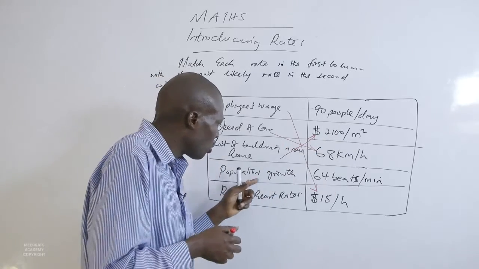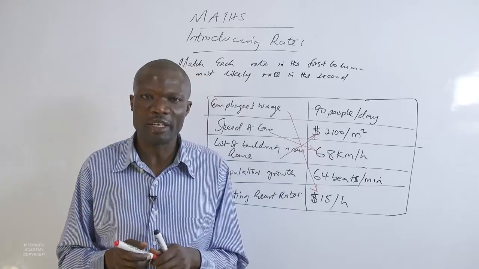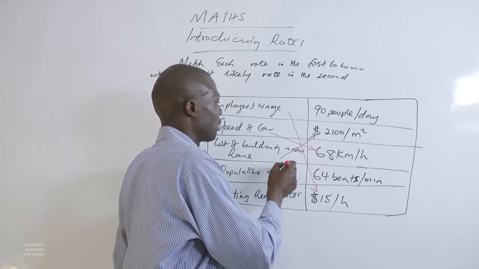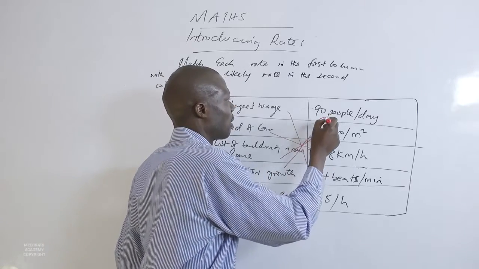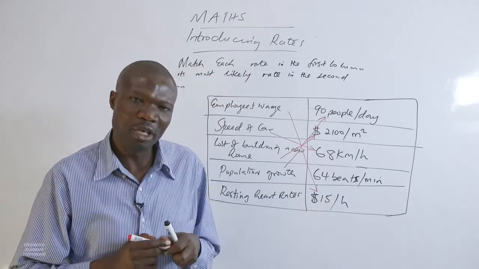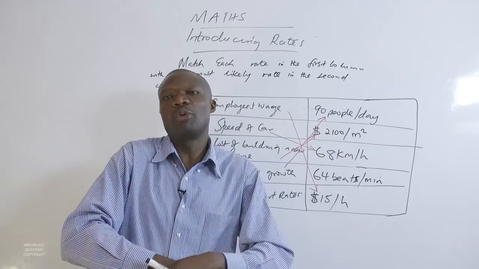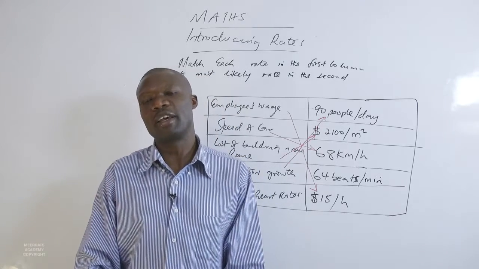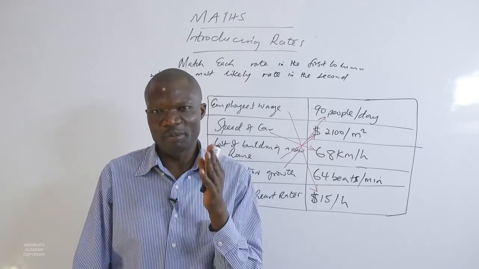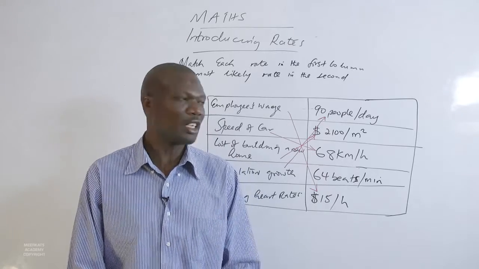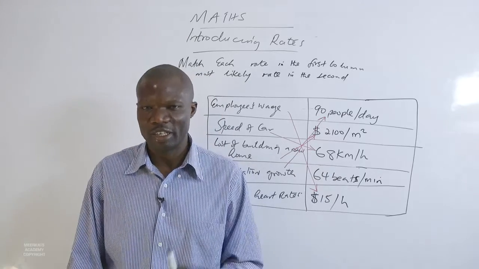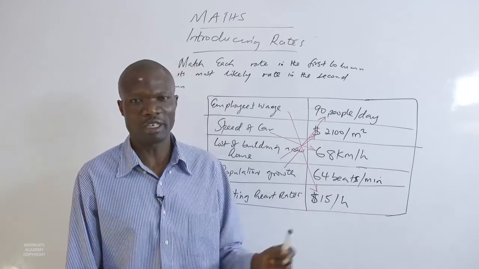So the population growth rate is 90 people per day. When you talk of 90 people in a day, it means averagely, when you wake up in the morning, by the end of 24 hours, 90 people have been born. That is what this rate is trying to tell us. That is the population growth rate in a particular country.